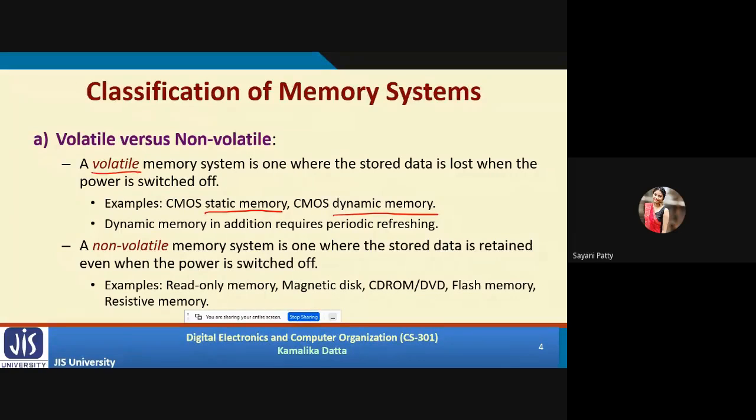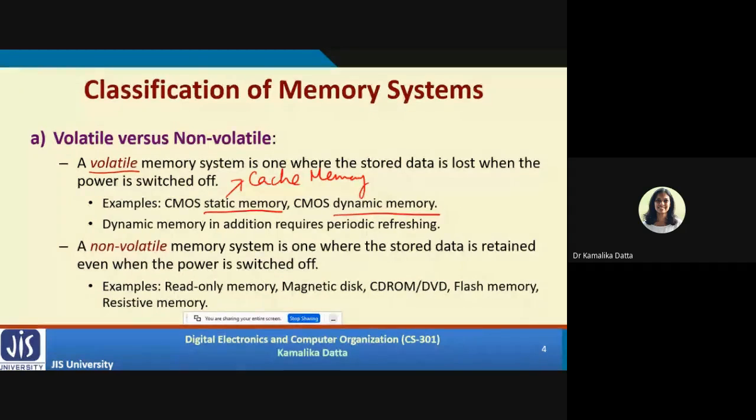Static memory is the kind of memory with which cache memory is built. We will look into this in detail in the next semester course, but for now, you must know that static memories are much faster than dynamic memory. And dynamic memory is used to build main memory.